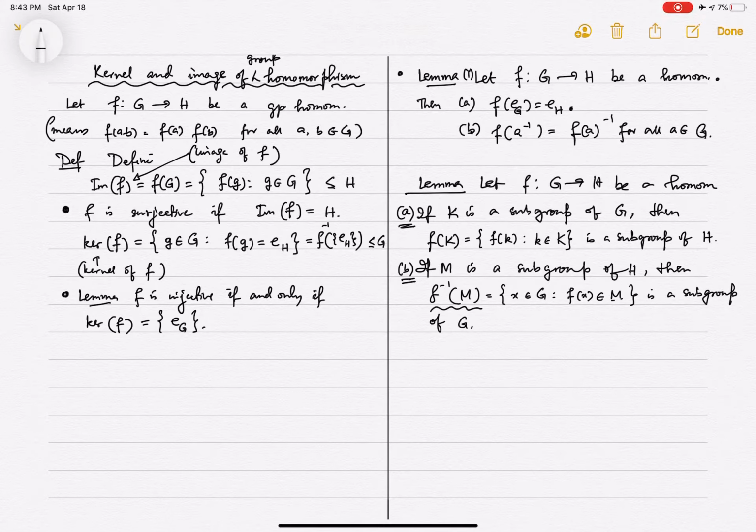The trivial subgroup. We know that it's a subgroup anyway, so it always contains this element. So we're saying that f is injective. You can say whether a homomorphism is injective or not by looking at the kernel. If the kernel just consists of the identity, then you know it's one-to-one, otherwise it's not.